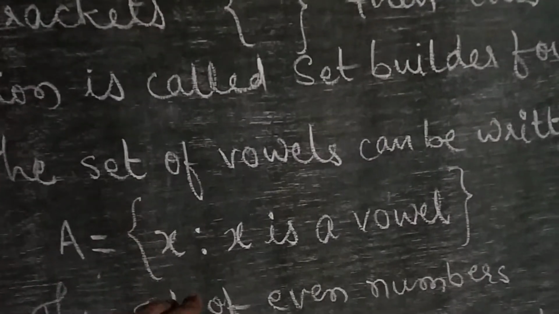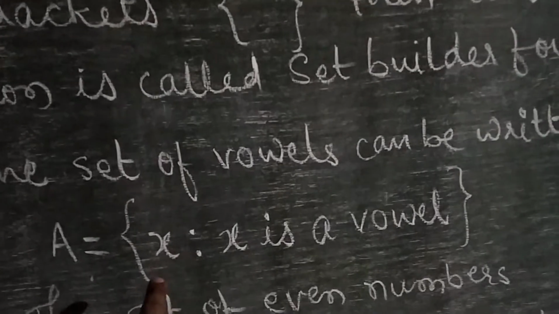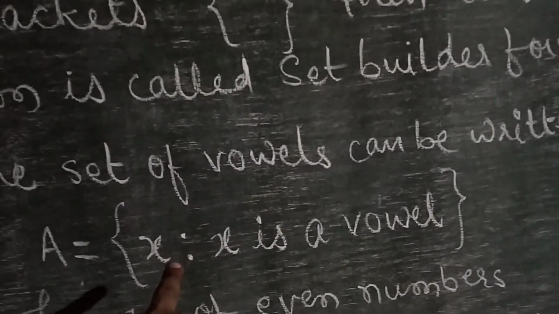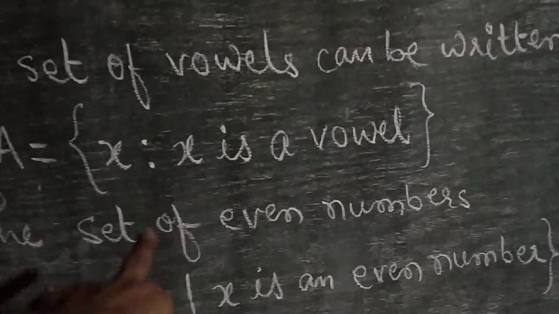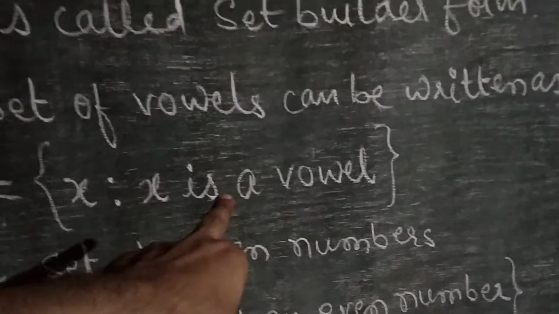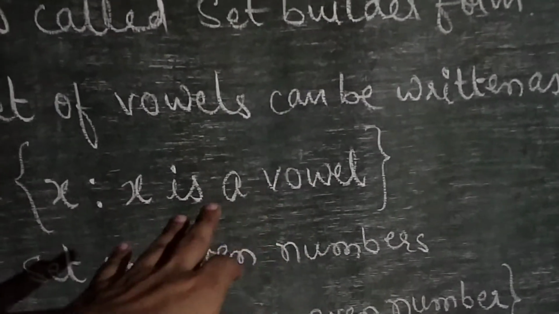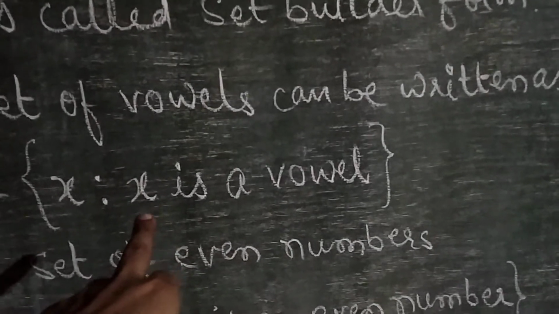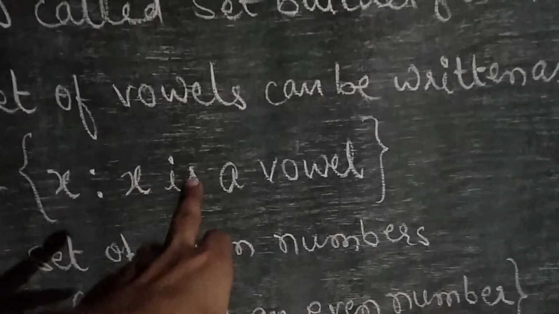You can write Y, X, or Z, but generally X is used. Then we write a colon, or a vertical line, and both mean such that. So X such that X is a vowel. This is a property that all elements have. So we write the common property here, X is a vowel, because we are taking the set of vowels.